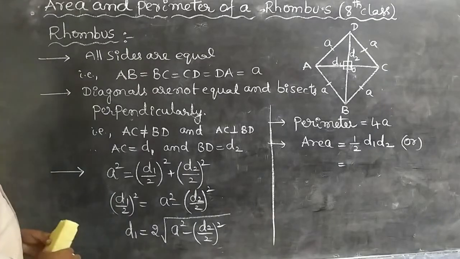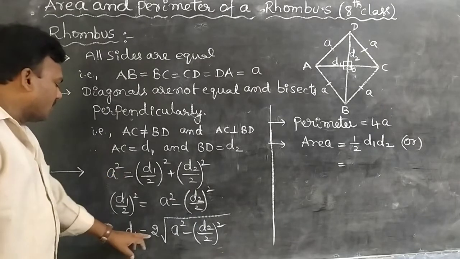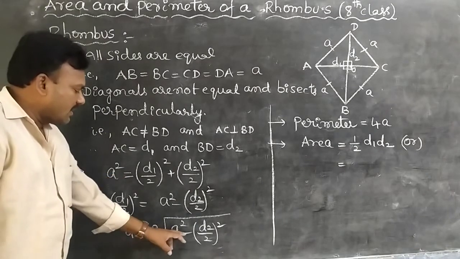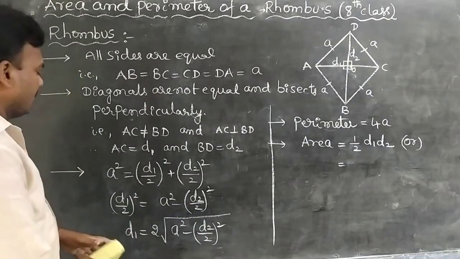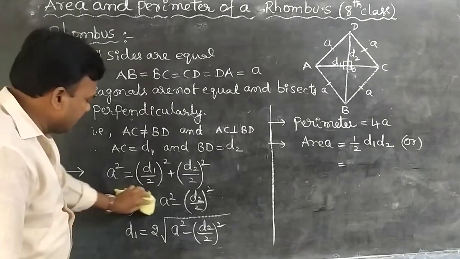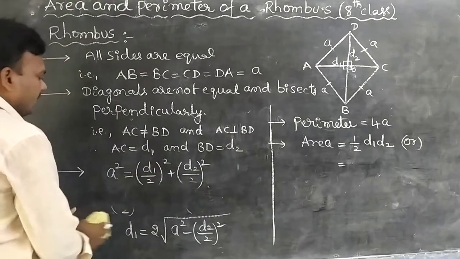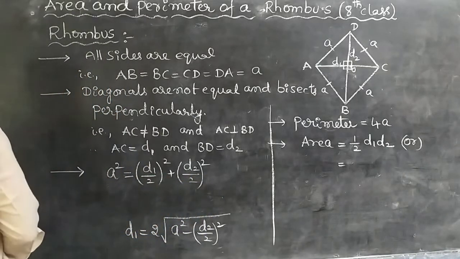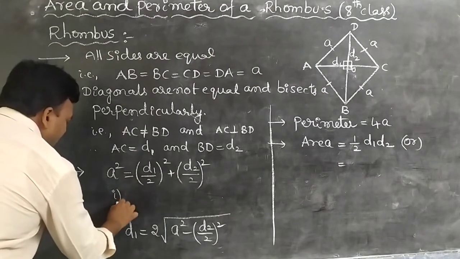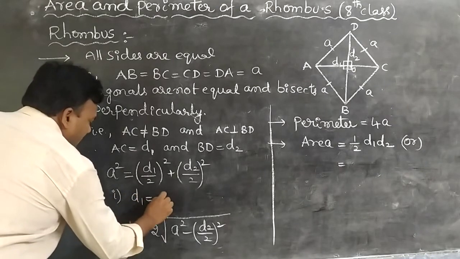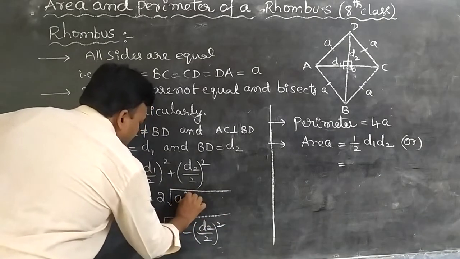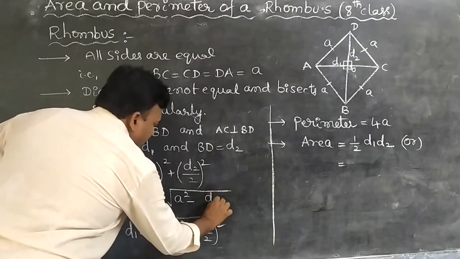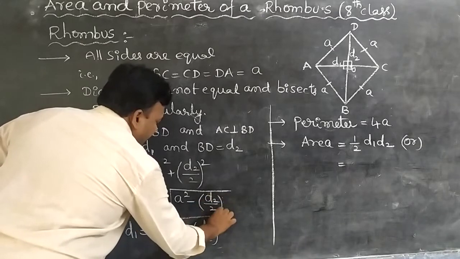So, in this formula, D1 equals 2 into square root of A square minus (D2 by 2) whole square.